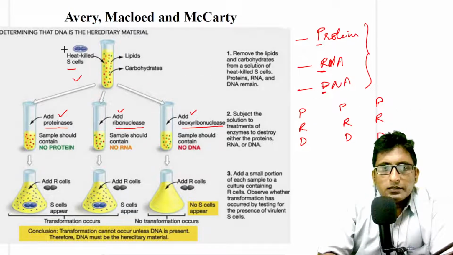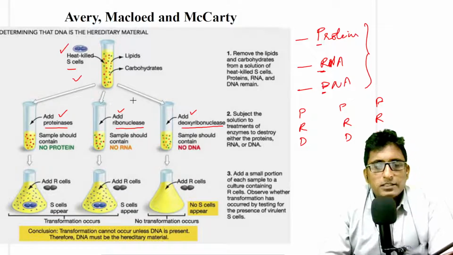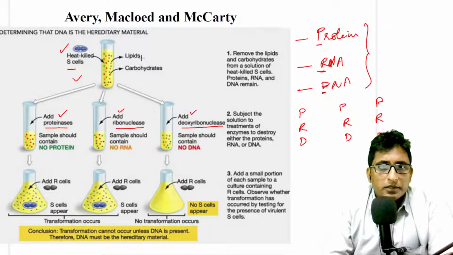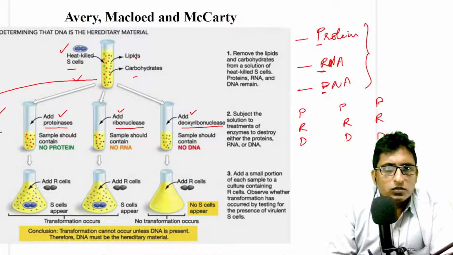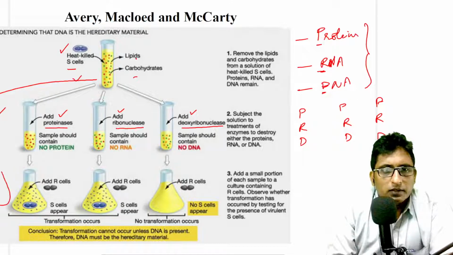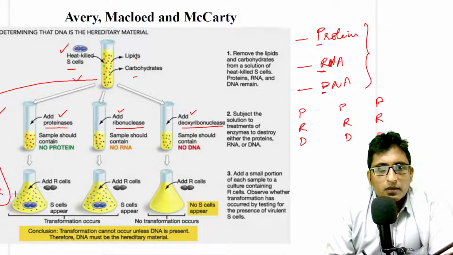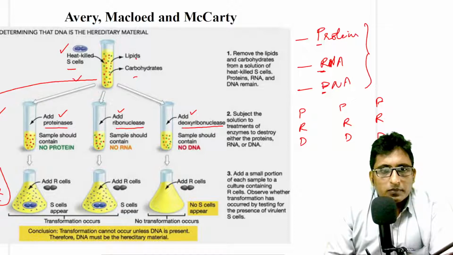They took the heat-killed S cells, eliminated the lipids and carbohydrates, and added one control. They would take these and add them to a flask containing R cells, and after a period of time, they were able to identify that S-type cells are there.